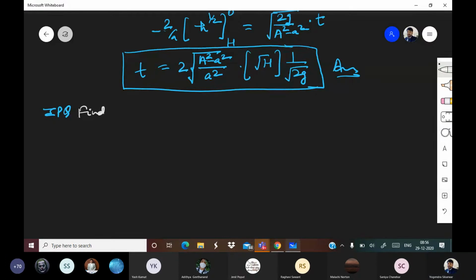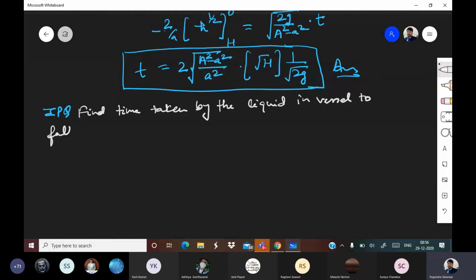Find time taken by the liquid in the vessel to fall from height h1 to h2.